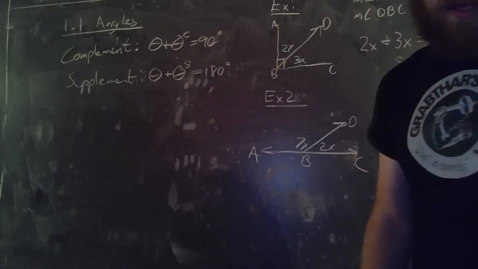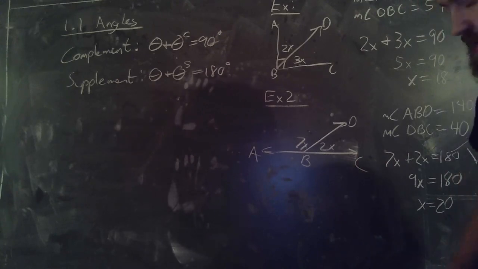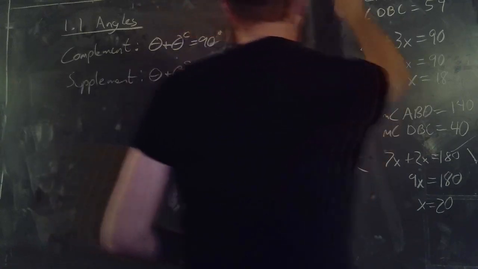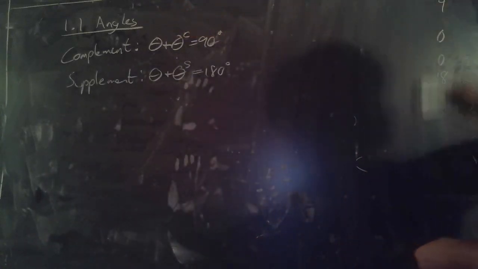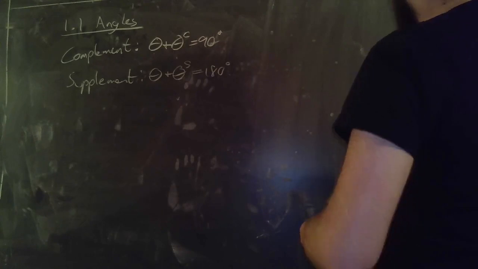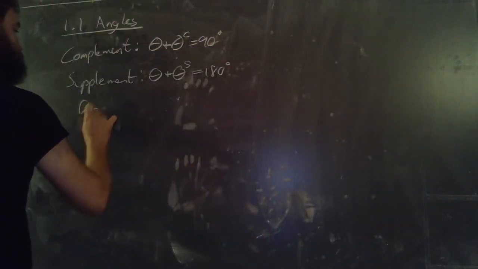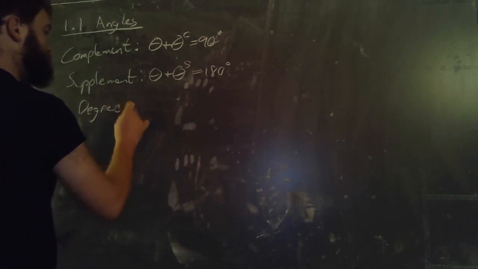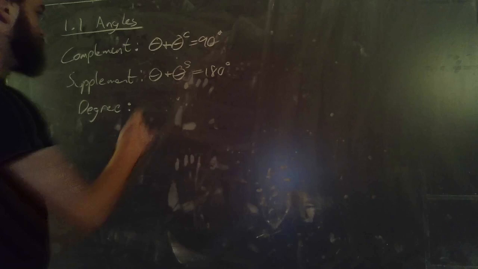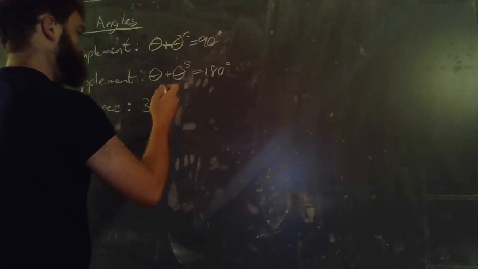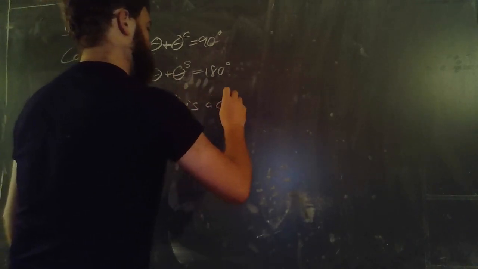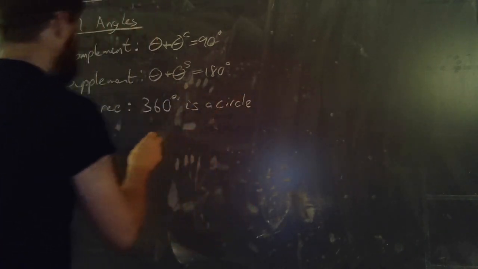So there are several calculations within degrees, minutes, and seconds that we would like to look at. But first, some quick definitions with those concepts. So a degree, we know that the sum of 360 degrees is a full circle.